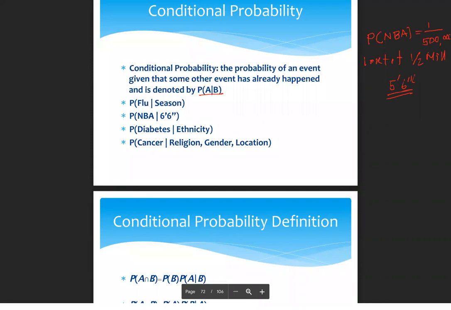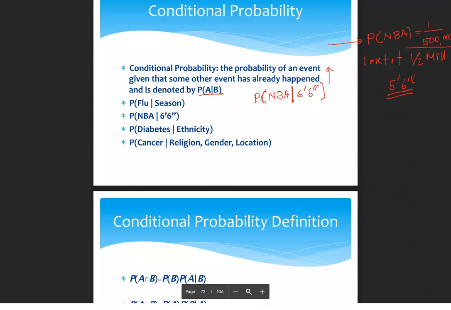Now, let's say your chances of playing in the NBA is 1 in 500,000 people. But if I give you the additional information, the probability of playing in the NBA, given (this vertical line indicates "given") that the person under consideration is over 6 feet 6 inches tall, then this probability definitely goes up significantly compared to 1 in 500,000.